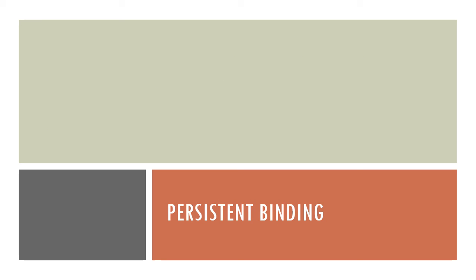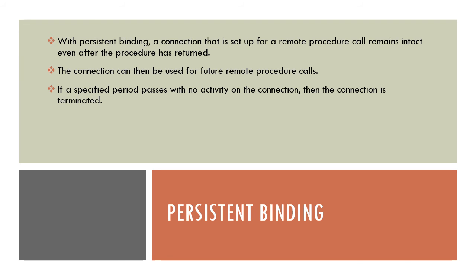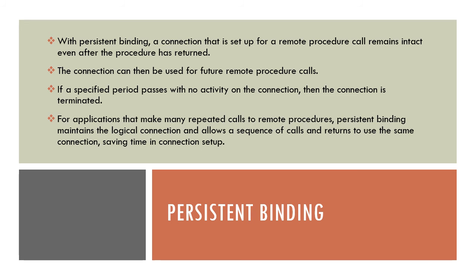Persistent binding. With persistent binding, a connection that is set up for a remote procedure call remains intact even after the procedure has returned. The connection can then be used for future remote procedure calls. If a specified period passes with no activity on the connection, then the connection is terminated.